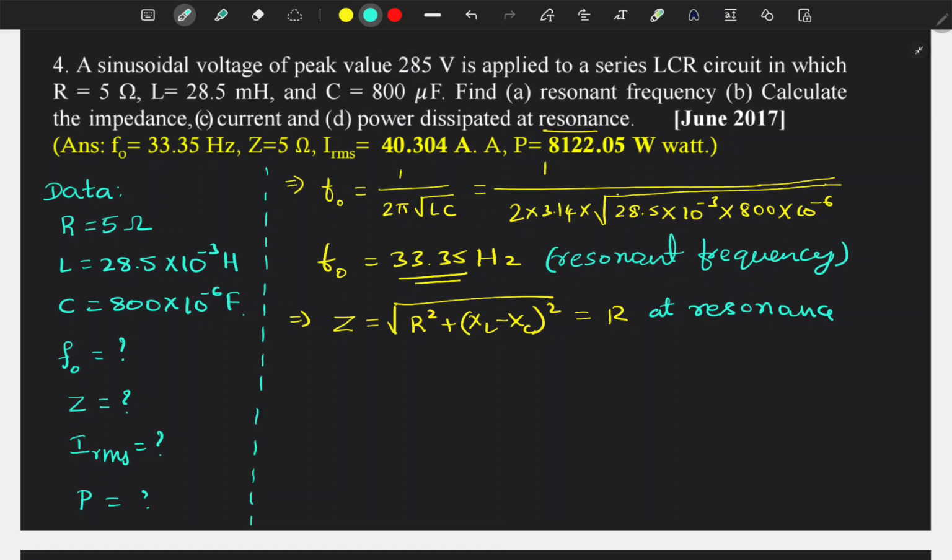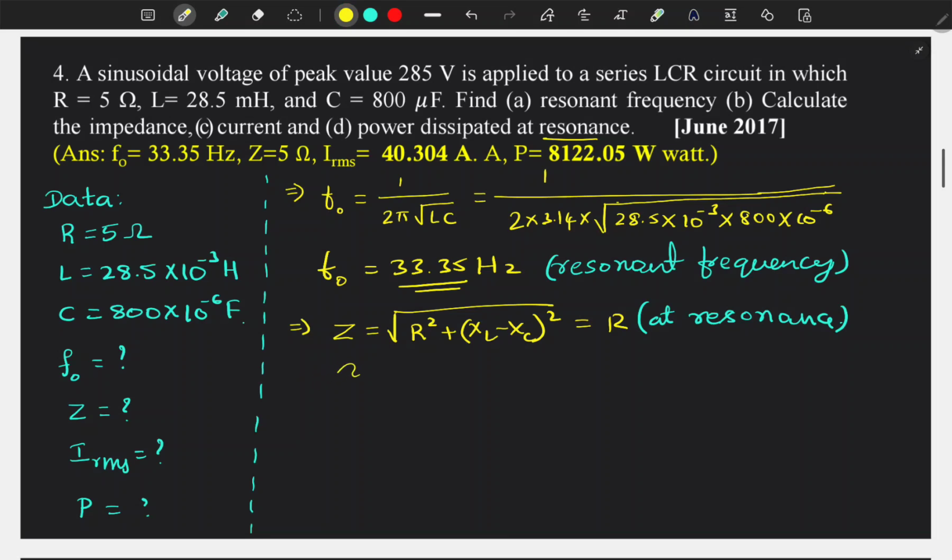Therefore, we'll write Z is equal to R. R value is 5 ohm. So that is the value of impedance.